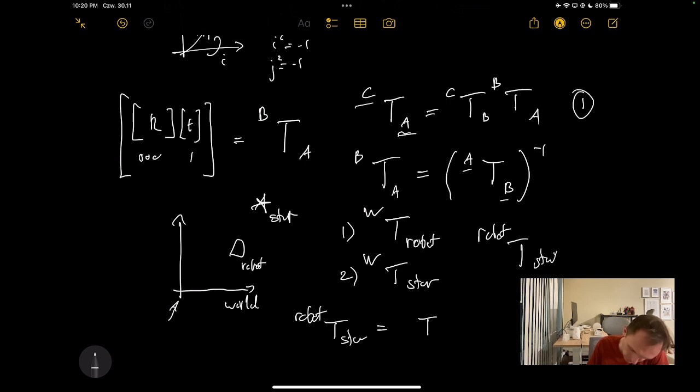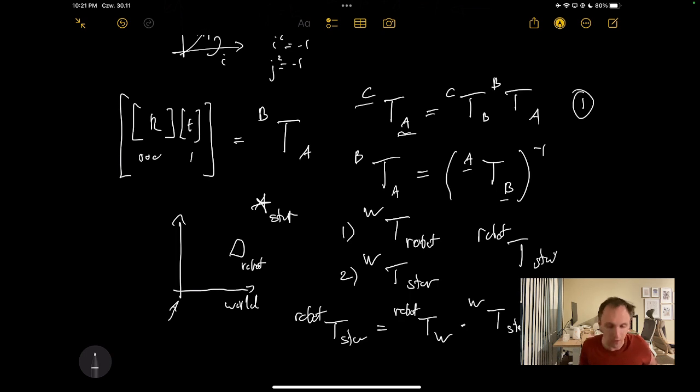So we do robot, and then we put the world here, so this is just this but inverted, and then we literally multiply it with the position of the star in the world frame, which is just something that we know. And that's it.